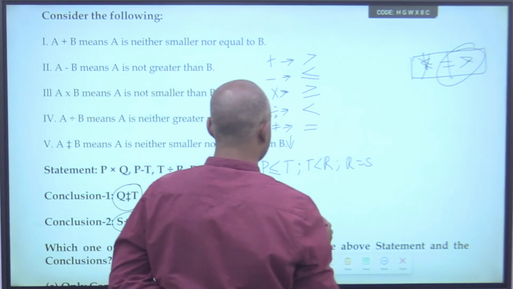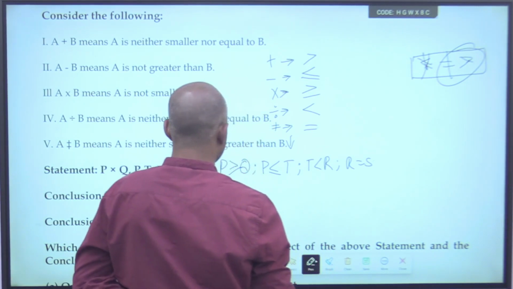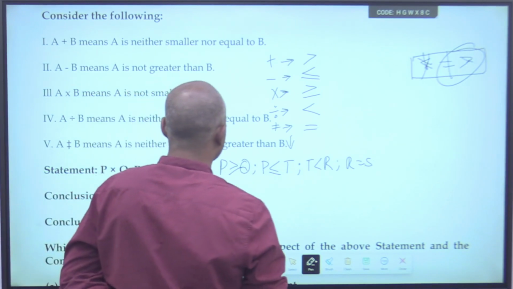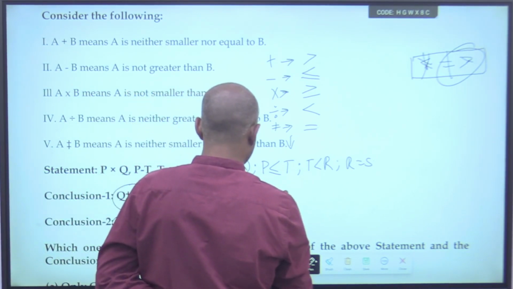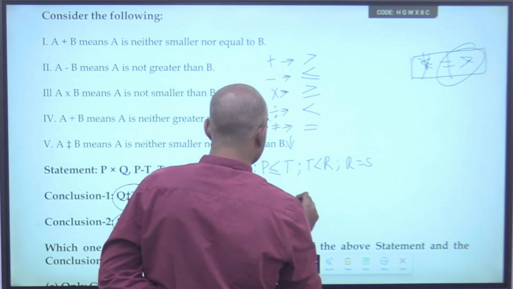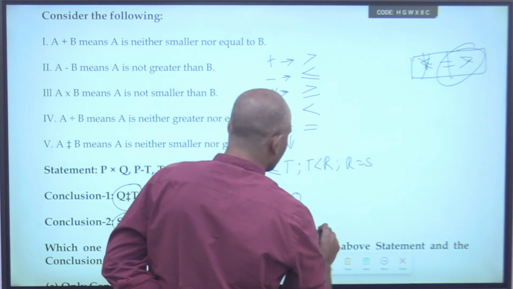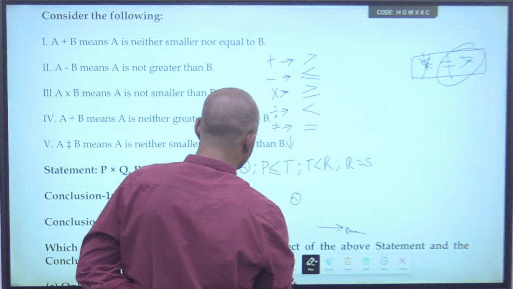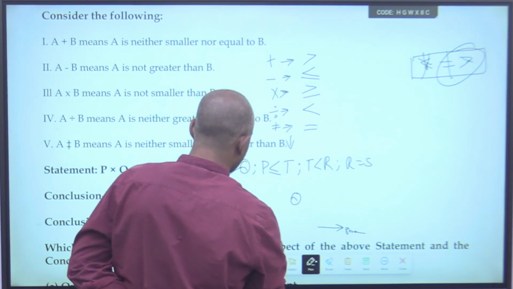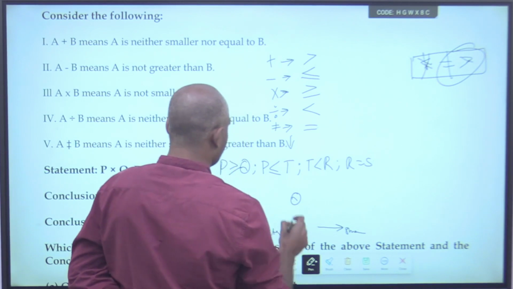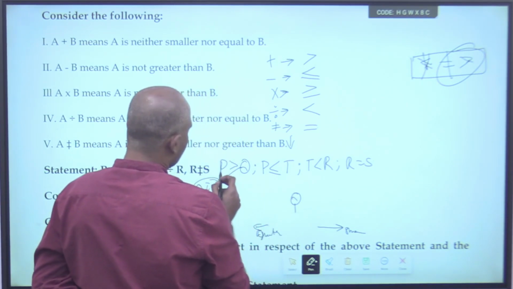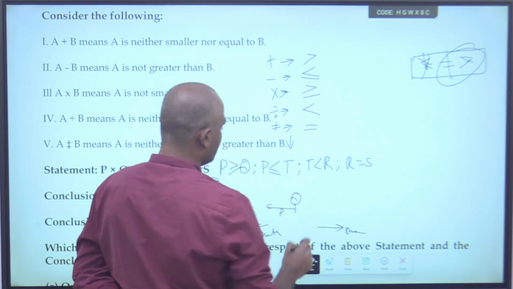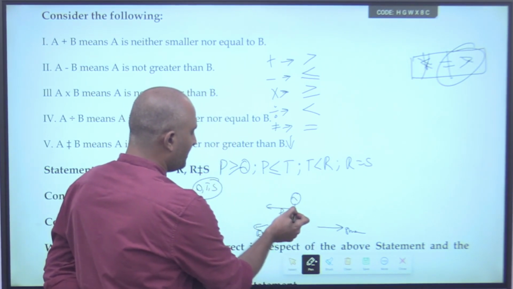Now, since Q is common, let's start from Q. We will write smaller things on one side, and if there is a possibility of greater, we will write greater things this way. So this is Q. P should be greater than or equal to Q, so the realm of P is this way. Either it can be equal or it can be greater.